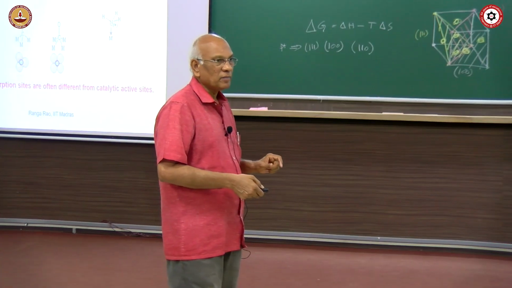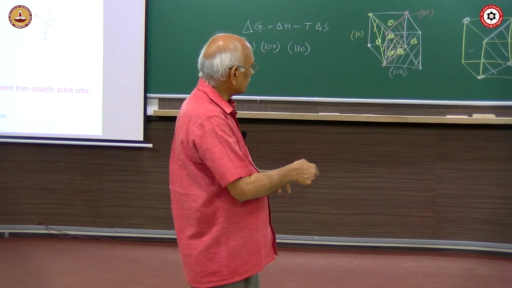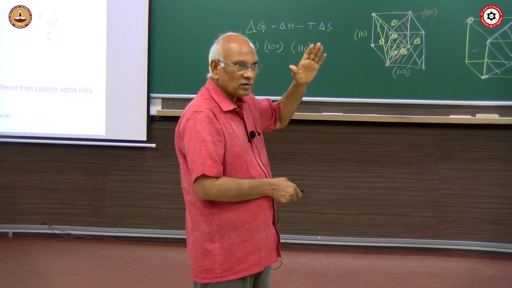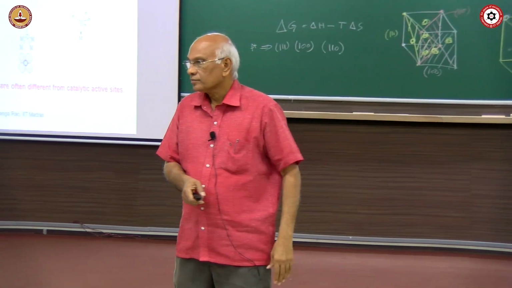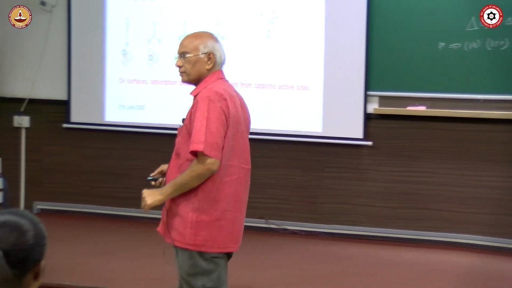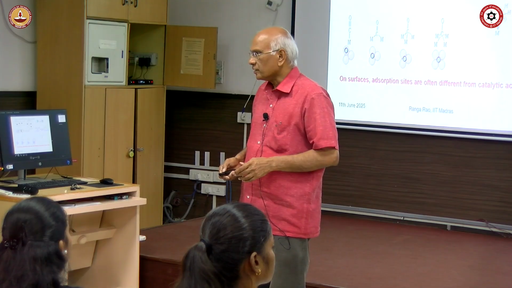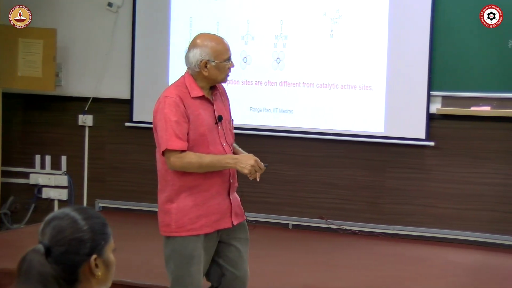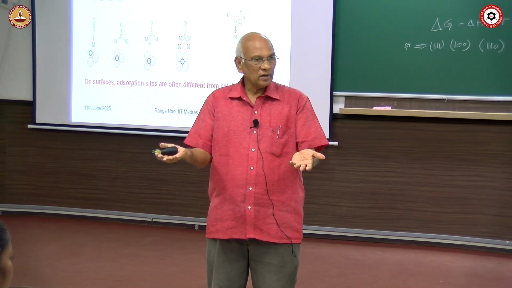If you see metal carbonyl chemistry, the IR stretching frequency of these are different, starting from 2300 all the way to 1200 centimeters inverse. In inorganic chemistry, you see the metal carbonyls, and there you can distinguish these. Similar species also form on the surfaces.